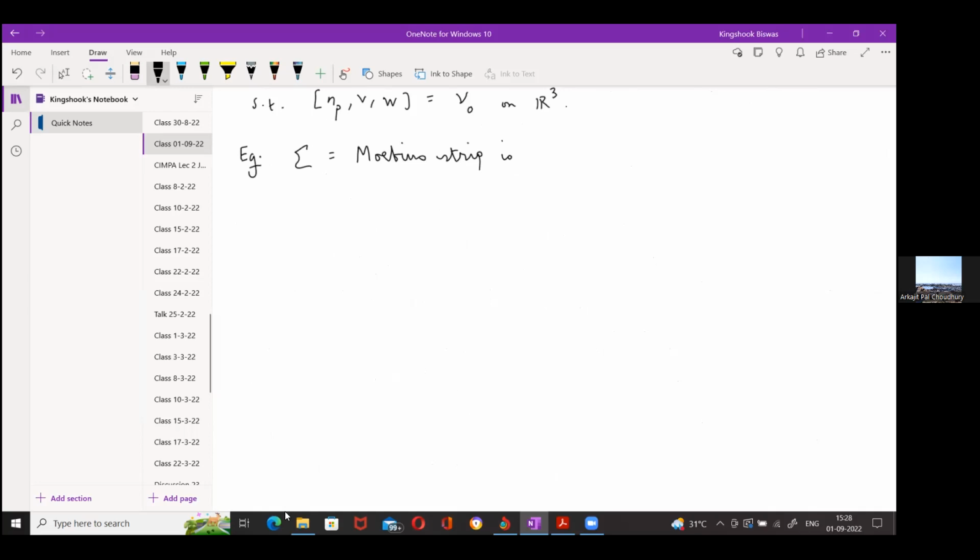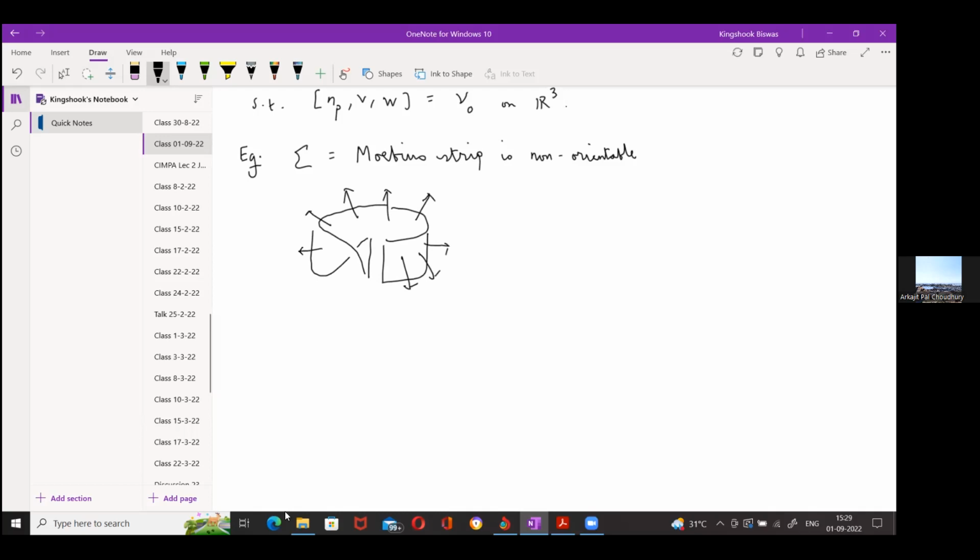This is non-orientable. I won't give a rigorous proof, but the point is that because of the twist, if I start out with one normal vector like this, then by continuity, as I move along the Mobius strip, my normal vector has to point like this.